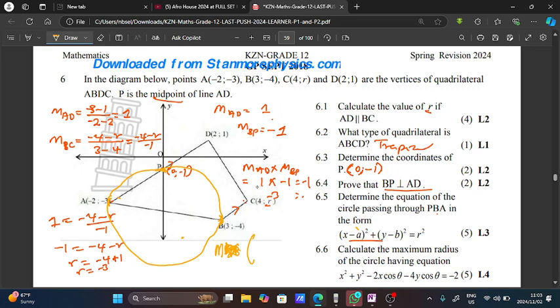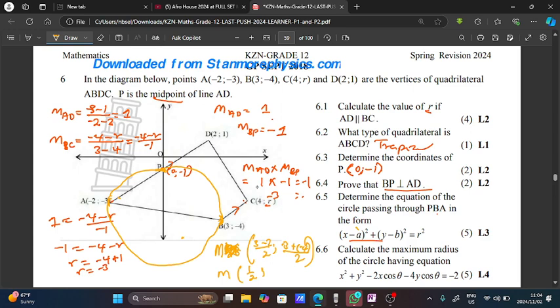For x, of course, we'll have 3 minus 2 over 2. Then we have negative 3 plus negative 4 over 2. What is the coordinate? This one will give us 1 over 2. Here we are finding negative, why?